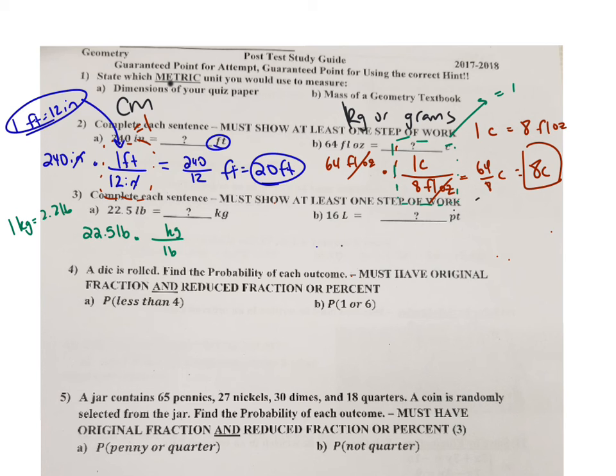I don't even worry about the numbers yet. I just worry about making sure my labels are in the right spot because I want pounds to cancel and kilograms to end. So I put 1 and then 2.2. So I have 22.5 all over 2.2. I just do that in the calculator. I end up with 10.2, let's say 10.23.